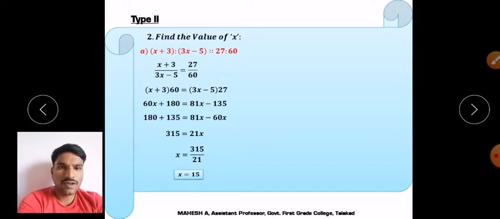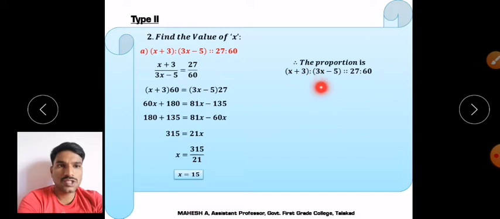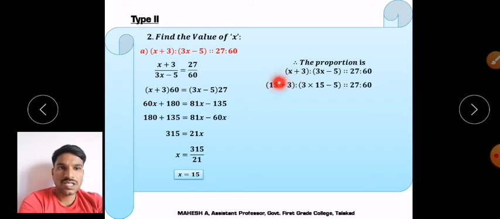Now you can verify it by substituting the value of x into the given proportion. So see how to substitute it. The given proportion is x plus 3 is to 3x minus 5 is equal to 27 is to 60. You just substitute it. X value is 15. Here also x value is 15.